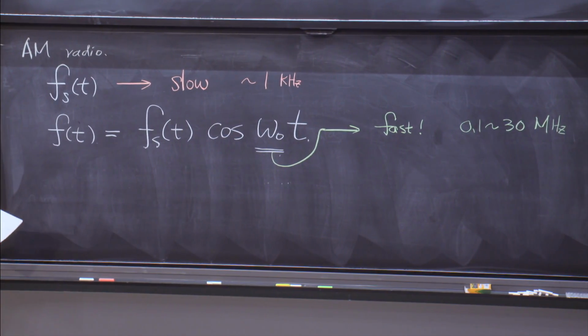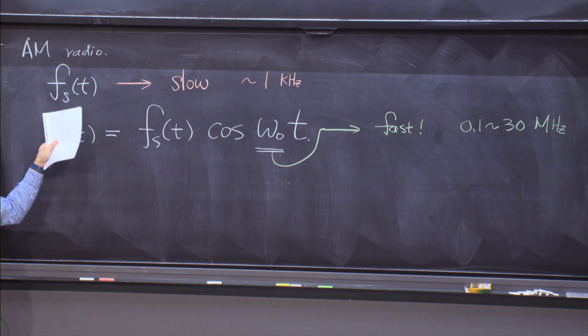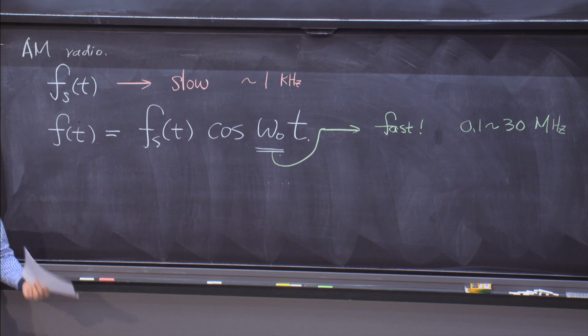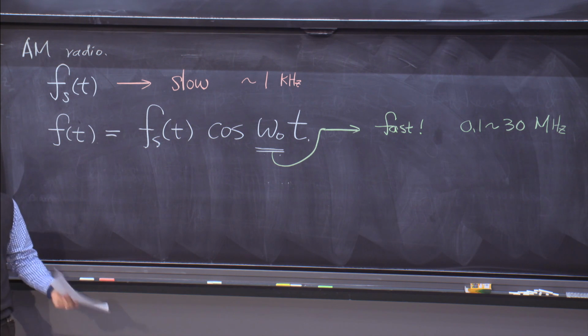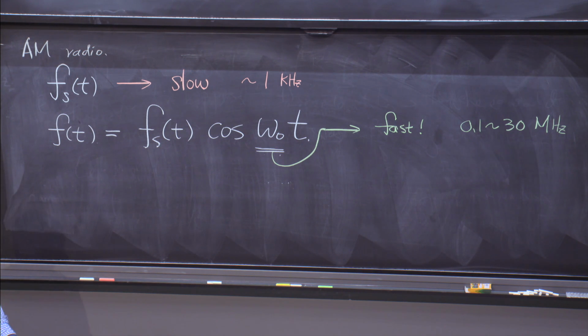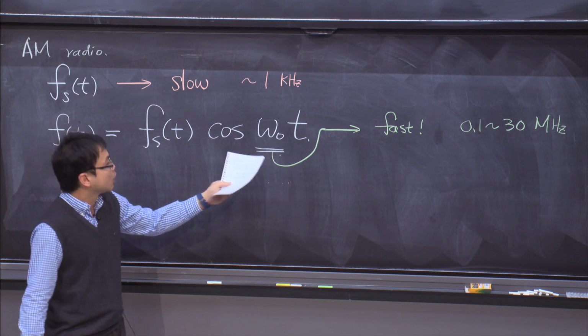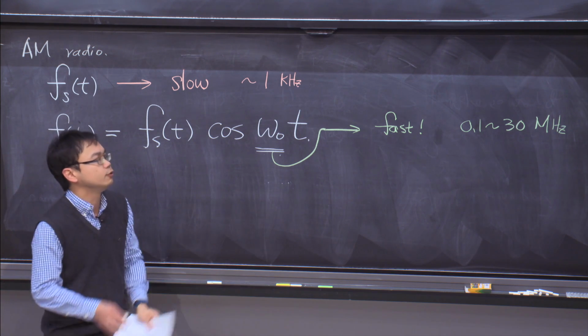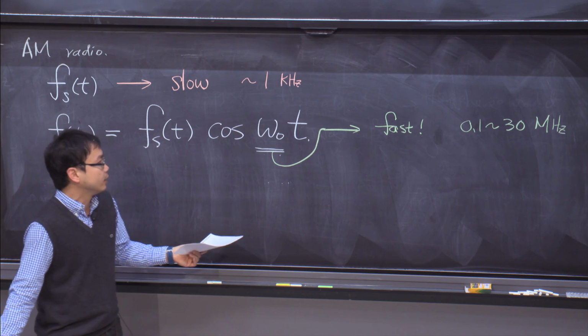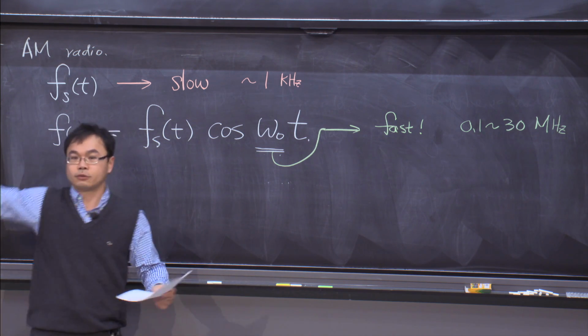I assume that fs is some really slow function, slowly varying as a function of time, compared to cosine omega 0 t, which is a really fast function, oscillating up and down like crazy.